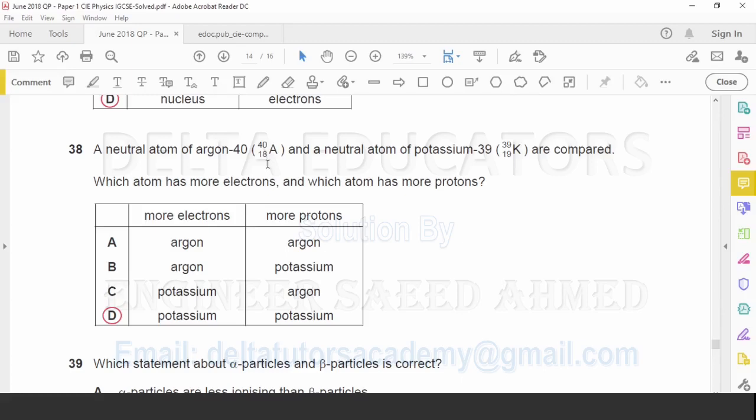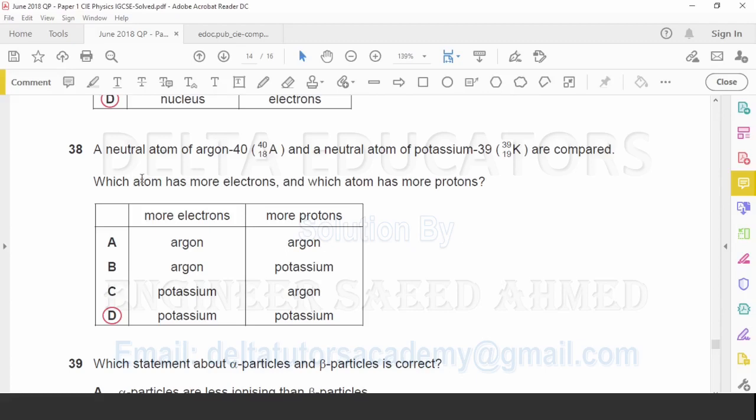In a neutral atom, number of protons and number of electrons are always the same. Argon has 18 protons, so 18 electrons. Potassium has 19 protons, so 19 electrons. So potassium has more electrons and more protons as compared to argon.